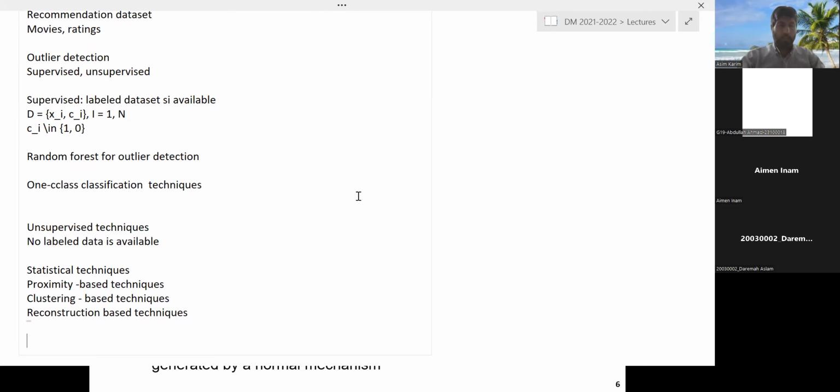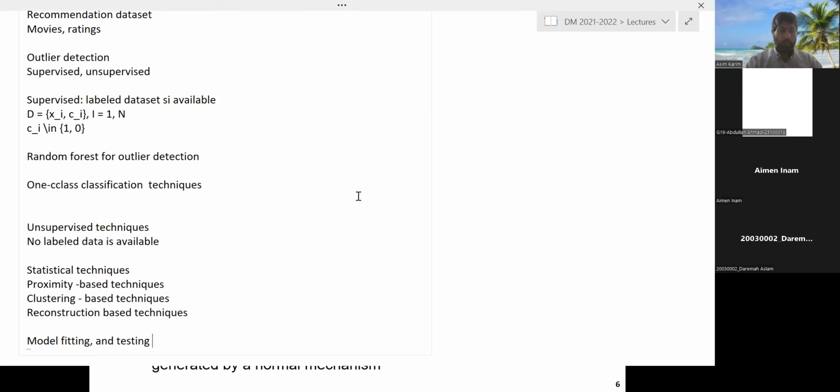So the statistical techniques basically involve statistical model fitting and then statistical testing for deviation. So you have model fitting, and then of course testing. Model fitting, of course, would mean that, let's say you have some data set and model fitting can be parametric and non-parametric.